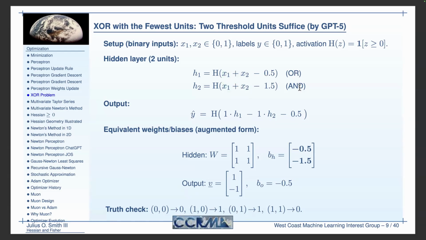Those implement OR and AND respectively. And then you need the next layer to compute the OR minus the AND minus 0.5, and that'll give you XOR. So there's just no way to do that in one nonlinear operation. You need 2 successive nonlinear operations, which is very interesting.